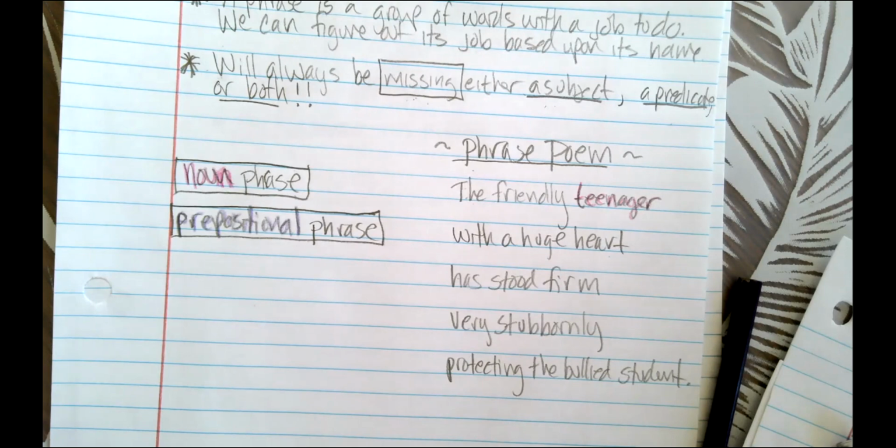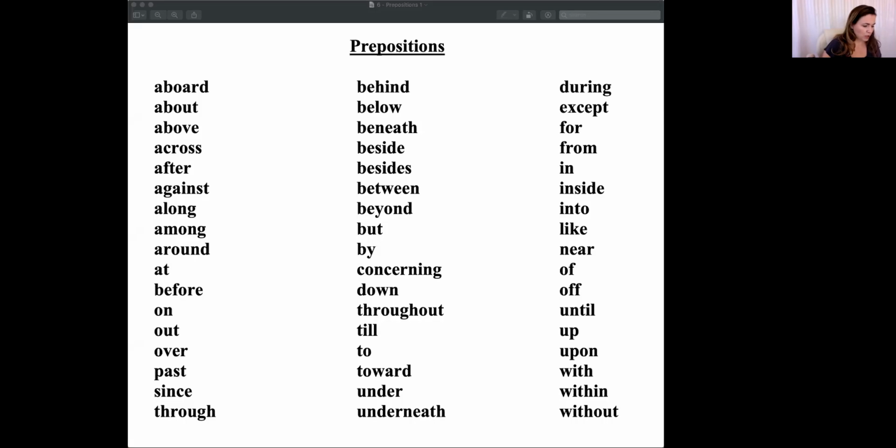common prepositions. Okay, so prepositions, these are really special words. They're really easy to pick out actually, because they are words that show us direction, time, place, location, and relationships between two or more nouns or pronouns.